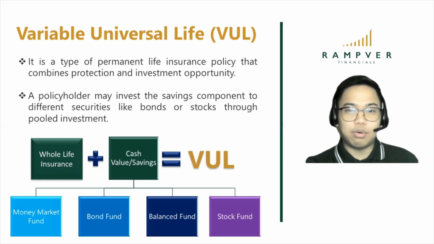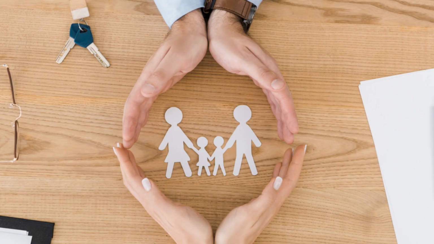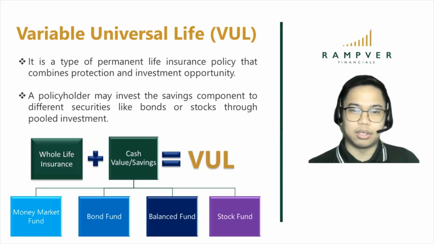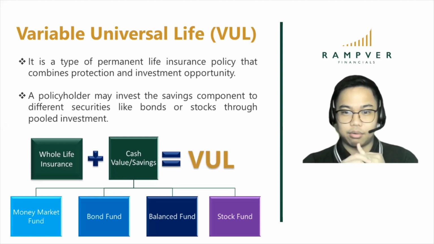Again, ang VUL po or Variable Universal Life ay isa pong uri ng permanent life insurance policy that combines protection and an investment opportunity. When we say permanent life insurance policy, ibig po sabihin, ang insurance po na ito ay may protection. That's number 1. Okay.